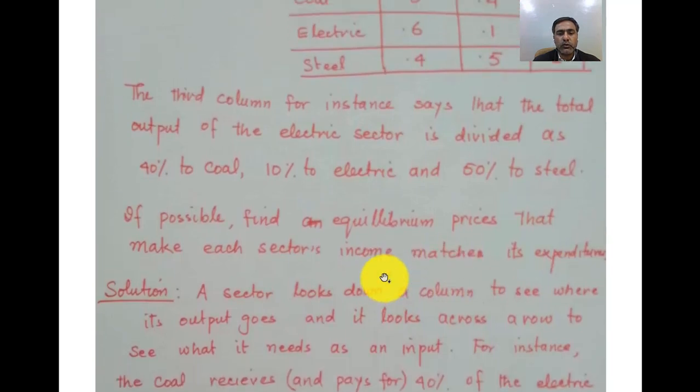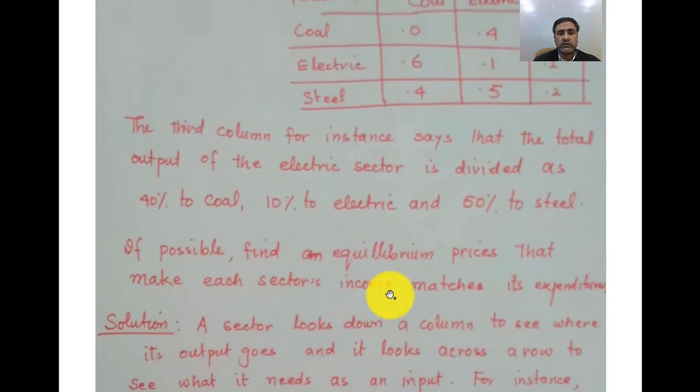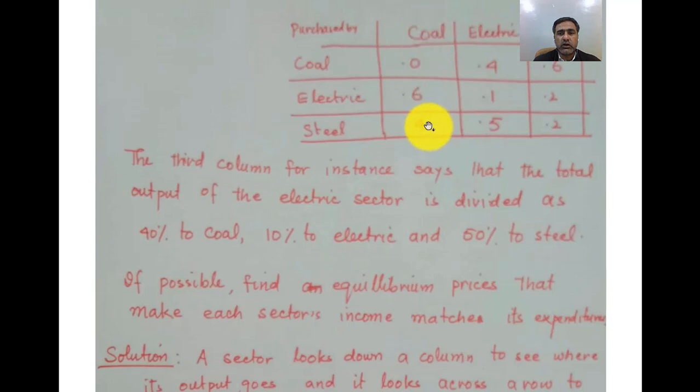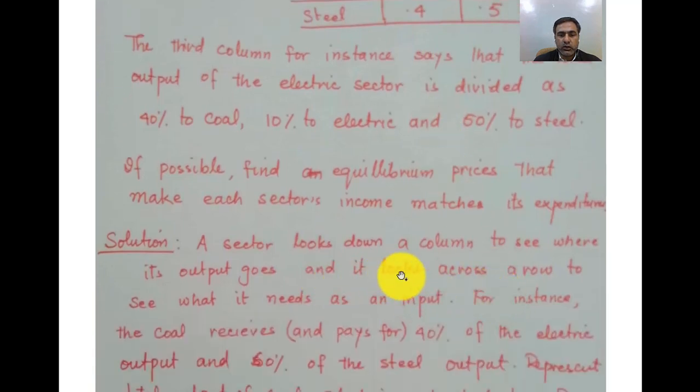So what do we do? A sector looks down a column to see where its output goes. For example, from this column I see that coal finds that 60% of its output goes to the electric sector and 40% goes to the steel sector, and additionally it looks across a row to see what it needs as input.